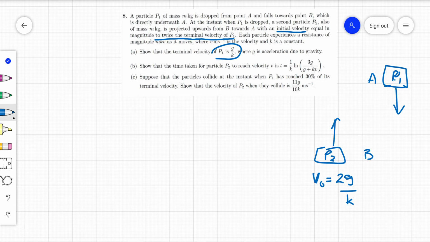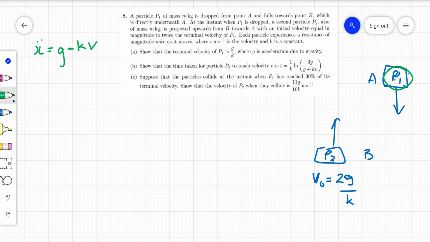So if we look first at our particle 1 and write an equation for it, for the acceleration, gravity will be going in the direction of motion, but we've got a resistance of mkv. Because the mass is m, dividing by m I just get minus kv.